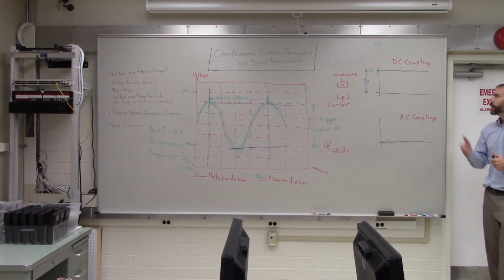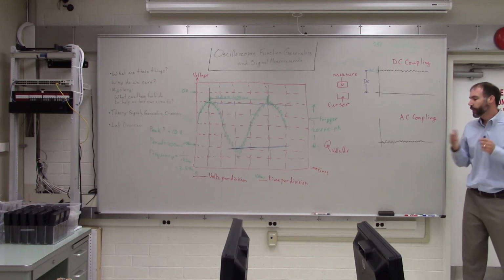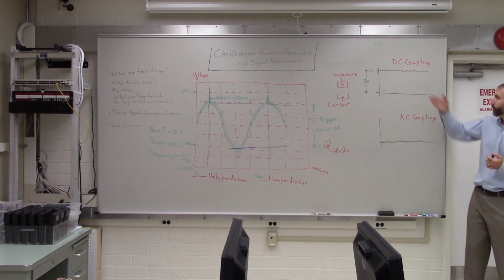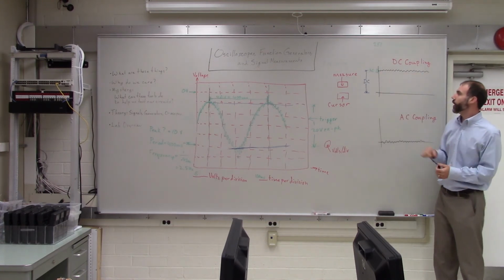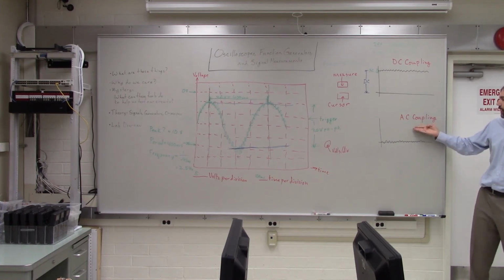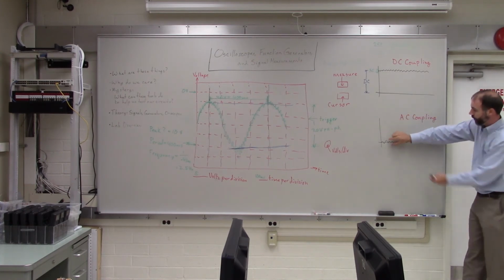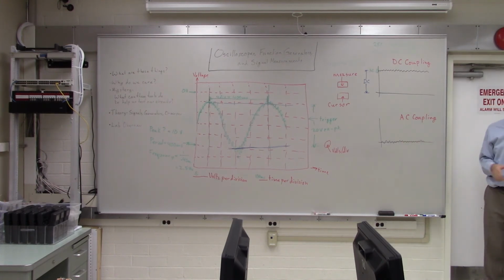So oftentimes, you can look at the same signal under DC coupling and AC coupling to learn different things about it. So you might look at it under DC coupling first and measure what that DC offset is, and then just write that down somewhere so you know it, and then switch over to AC coupling so you can zoom in and figure out what your frequency is and your amplitude of the little wiggle and stuff like that.